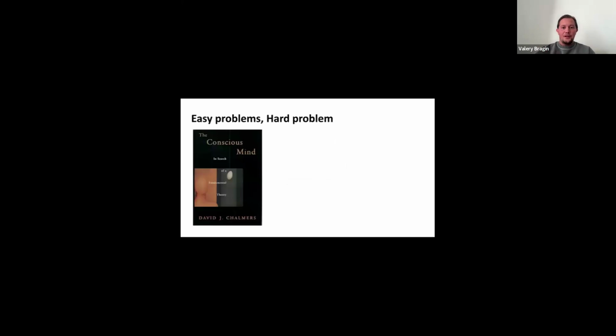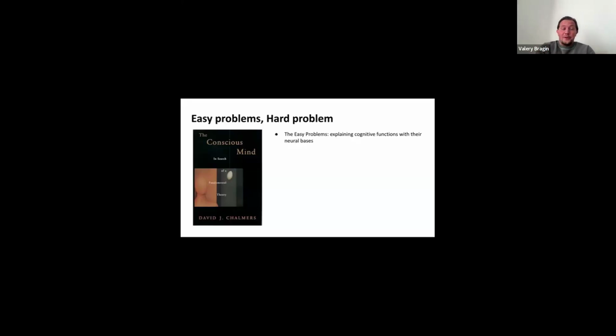And we also can't really avoid this distinction between the hard problem and the easy problems of consciousness. This was famously coined by philosopher David Chalmers in the 1990s. So the easy problems, easy here is relative, of course, are about explaining cognitive functions with their neuronal basis and correlating them to neuronal activity.